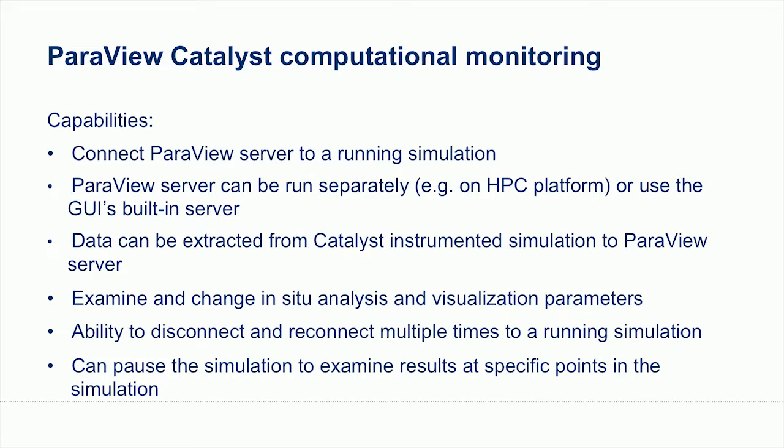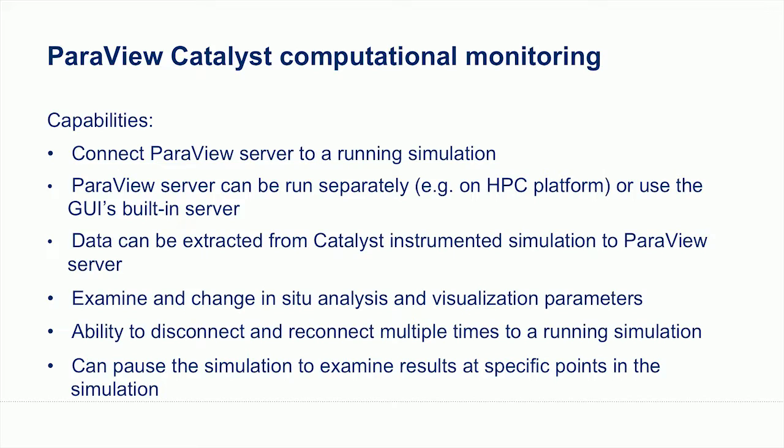It's a great thing. It has this computational monitoring capability called Catalyst Live. It allows the ParaView server to connect over to a running simulation. This can be done remotely on Piz Daint or wherever your simulation's running. Your GUI is going to run on your desktop or your laptop. You can ship the data from the simulation over to ParaView for visualization.